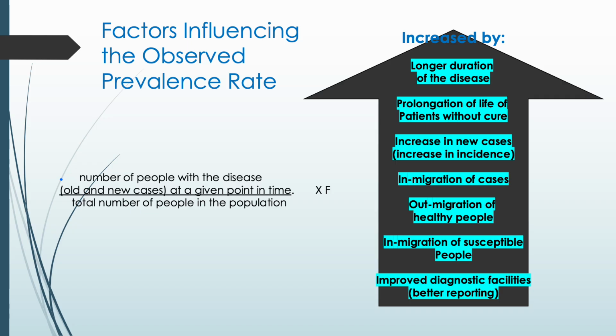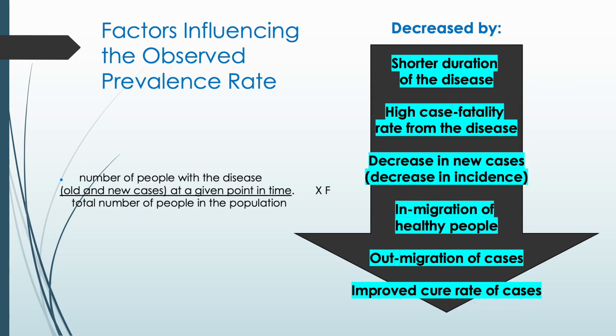The out-migration of healthy people will decrease the total number of people in the population, so the numerator is divided by a smaller number and therefore there is an increase in prevalence rate. The in-migration of susceptible people, meaning higher risk of getting the disease, increases the new cases. And of course, improved diagnostic facilities will mean more new cases detected.